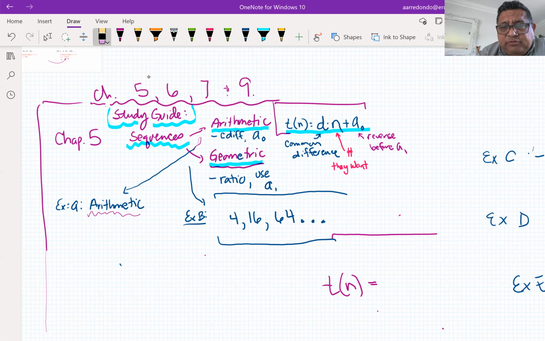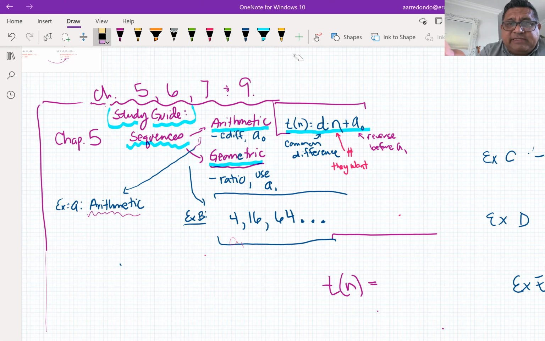You know how in arithmetic there's the common difference. But in geometric, it's not called the same thing. What's in between is the ratio. And what I like about geometric is you don't have to figure out the a sub 0. There's none of that. All you'll need is the a sub 1, which is simply the first in the sequence.